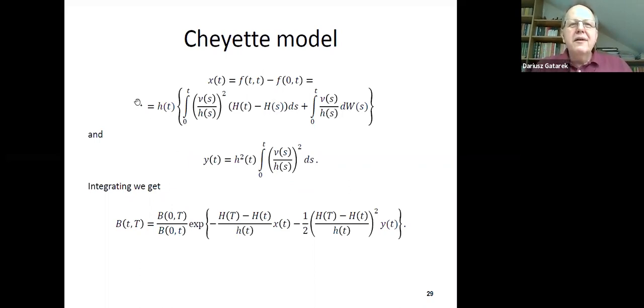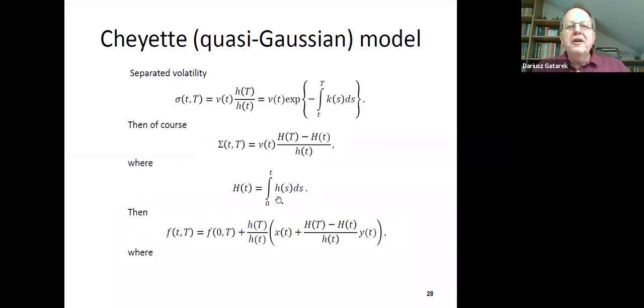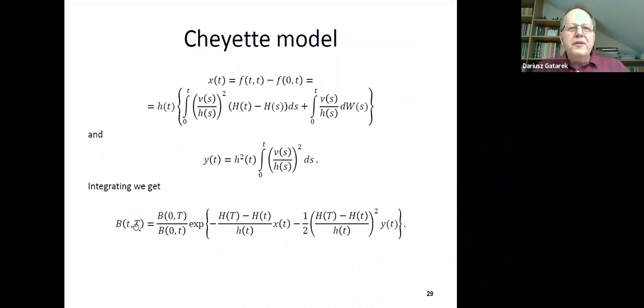And then we integrate once more with respect to capital T and get the formula for zero coupon bonds, which is again a function of these two parameters, x and y.